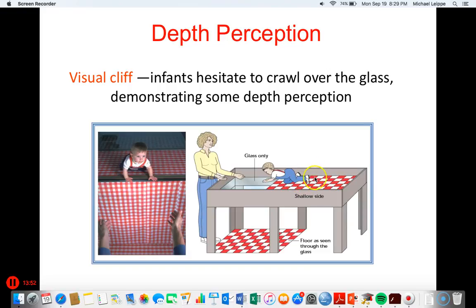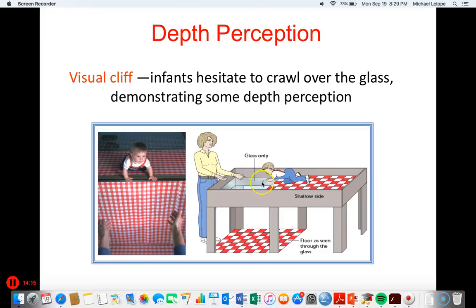Even with animals, if you put, for example, a day-old lamb, because they can walk and stand up within a day of birth, they'll walk around. But if you put it on the deep side, facing the shallow side, it won't cross over.